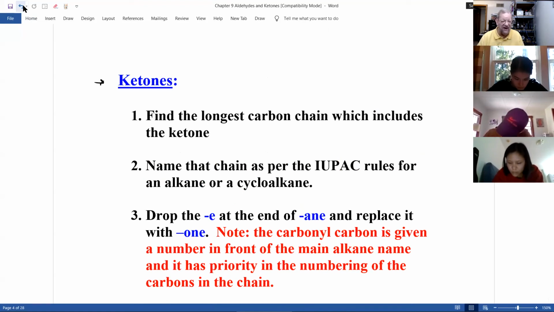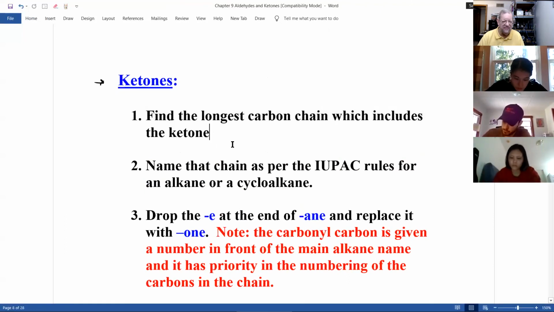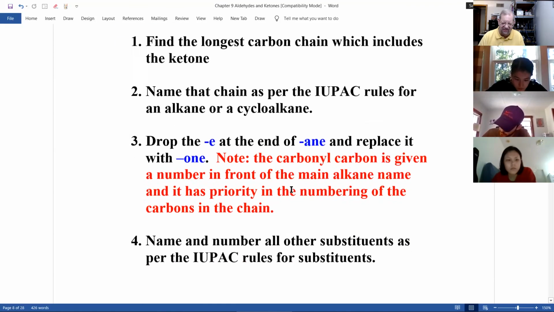And here you find the longest carbon chain or ring that contains the carbon double bond to oxygen. And you name that chain or ring as an alkane or cycloalkane.